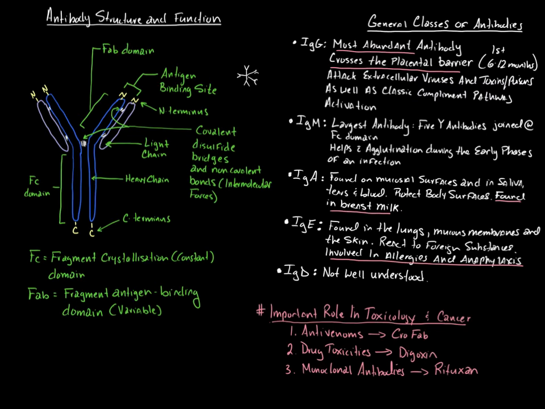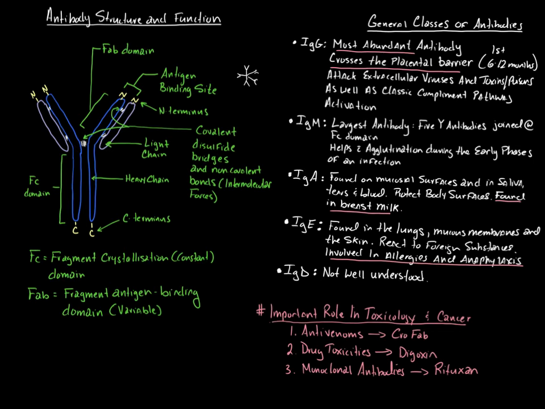Another really interesting area is cancer, and an example of antibodies' important role in cancer is the monoclonal antibodies, or MCAs. Monoclonal antibodies are antibodies that come from one specific type of cell. As you might imagine, their Fab domain is going to be very specific for a certain receptor.